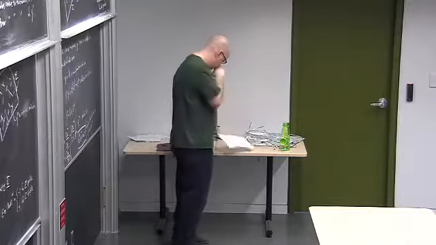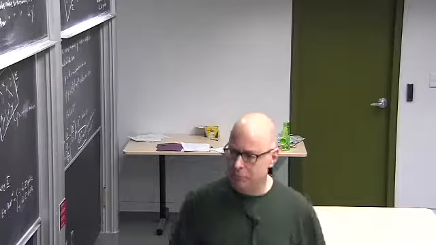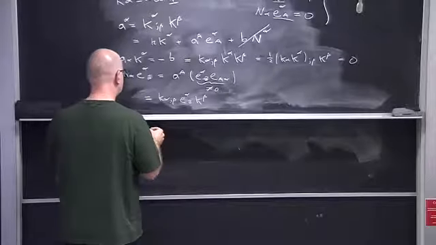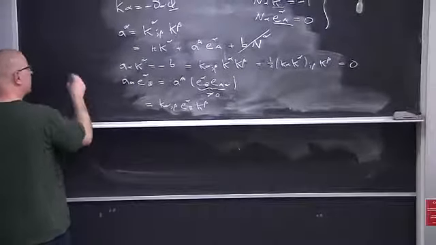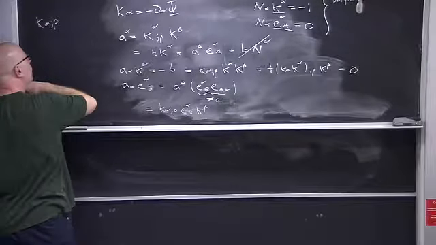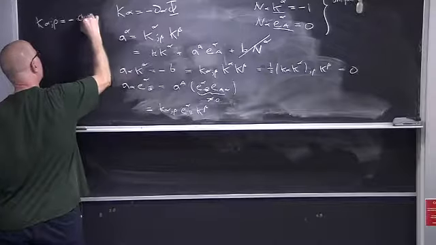Ah, I know what to do with it. Let me do a side calculation. K alpha differentiated with respect to beta is the same thing as phi differentiated twice.